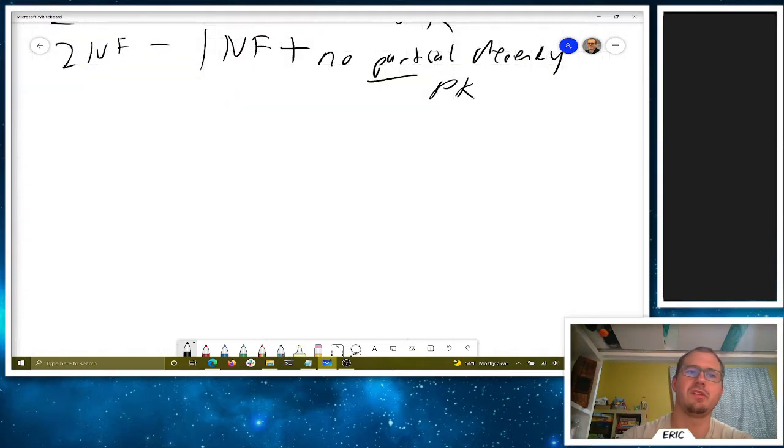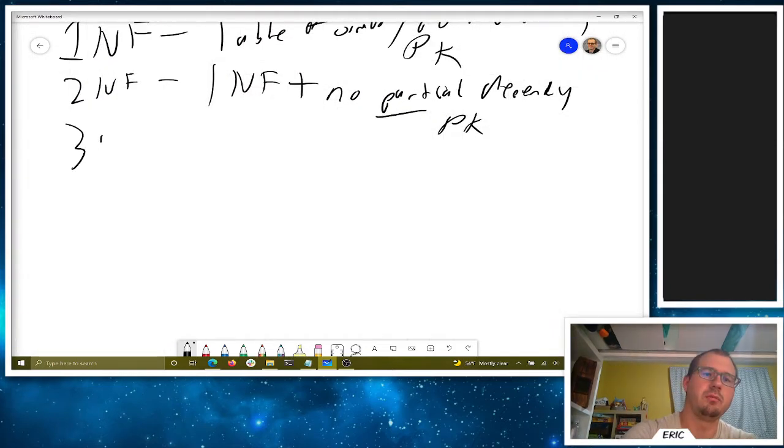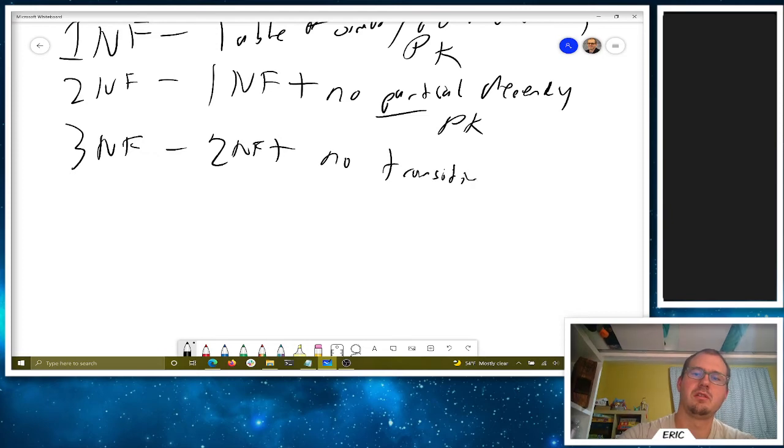This is the whole process. And then in third normal form, that is second normal form, plus we have no transitive dependencies. So again, this is another funny thing to look at. We'll get there when we look at what a transitive dependency is. We'll talk about all that as we look through this process.